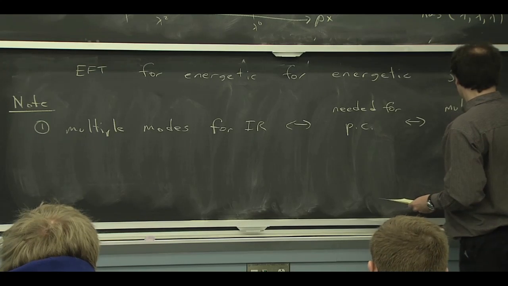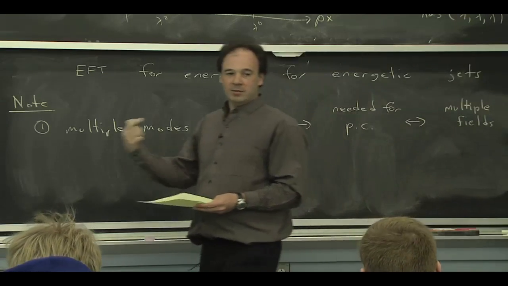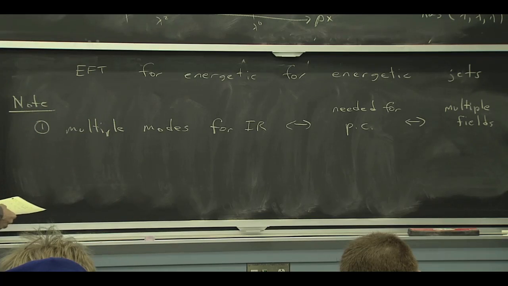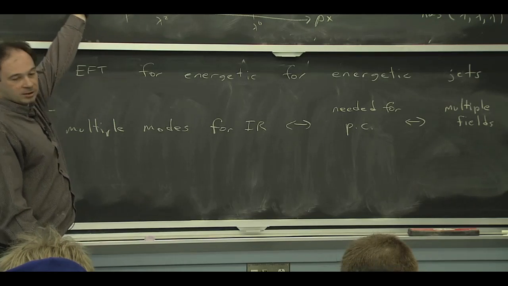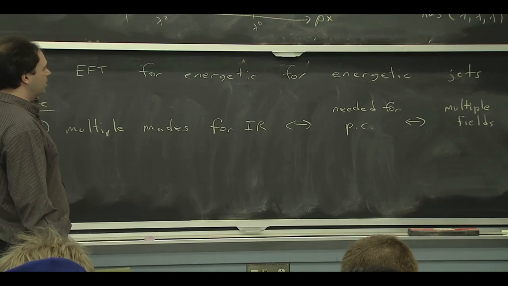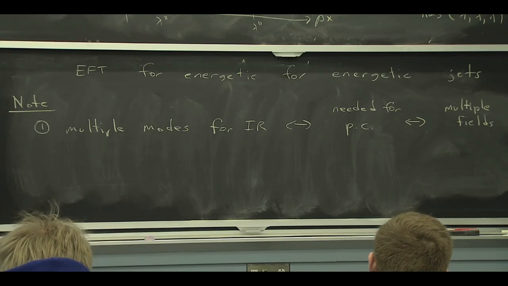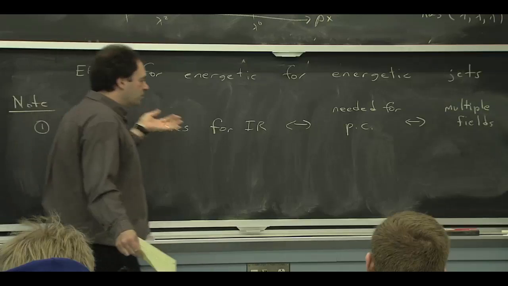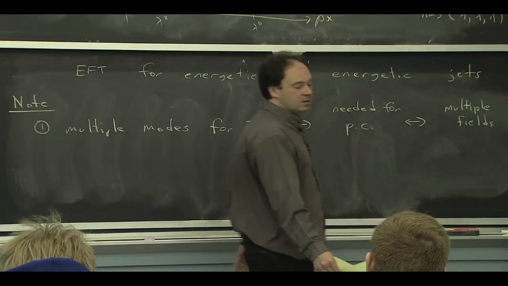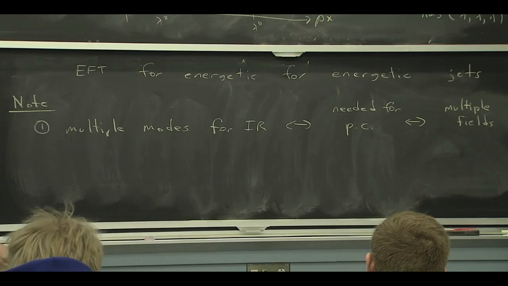And so you're forced into a situation where you start talking about having multiple fields for the same degrees of freedom, because the scaling of the momentum in different regions of the space you're interested in is just different. So the derivatives that correspond to those momenta are going to scale differently. And if that's the case, you're going to need to have multiple fields to describe those different regions.